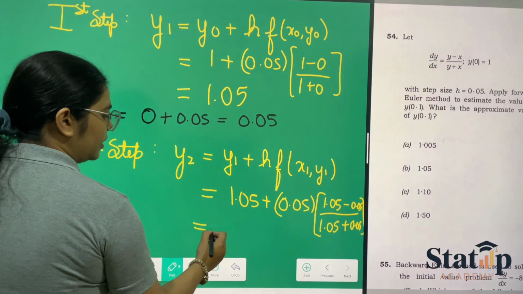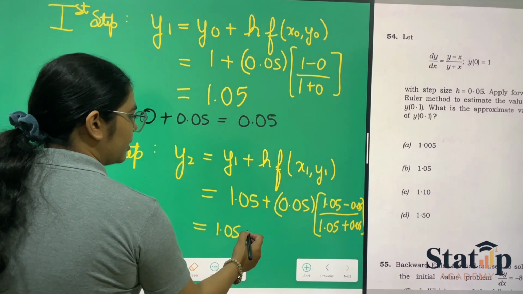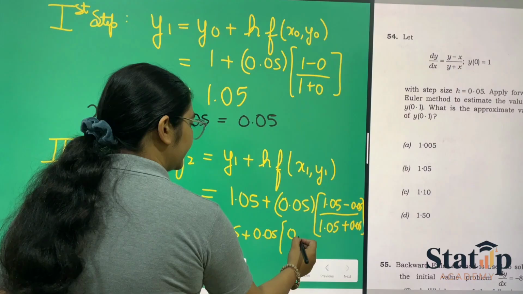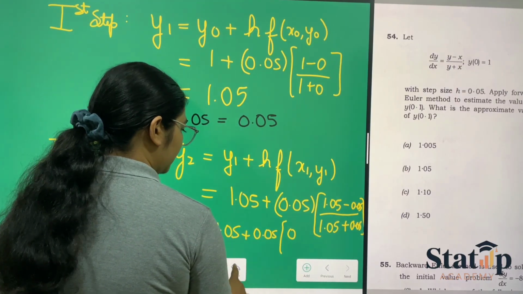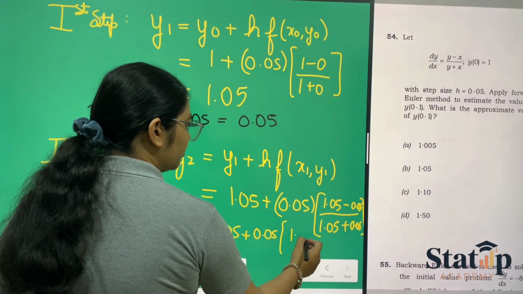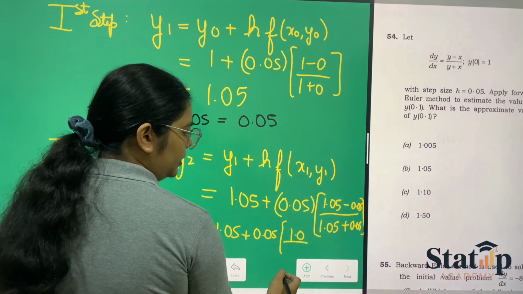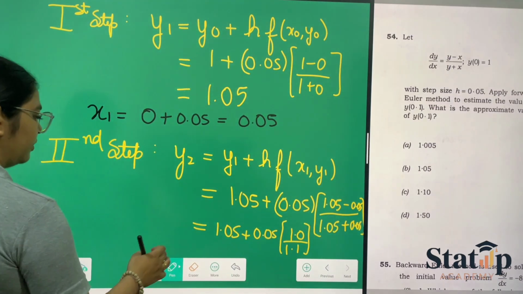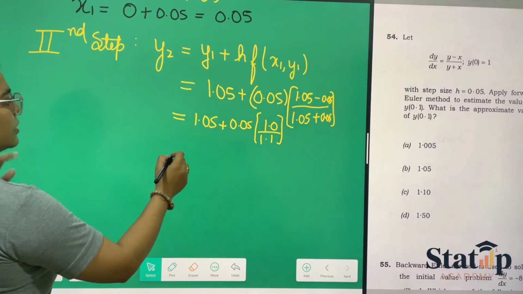So this will be equal to 1.05 plus 0.05 into 1.0 upon 1.1.